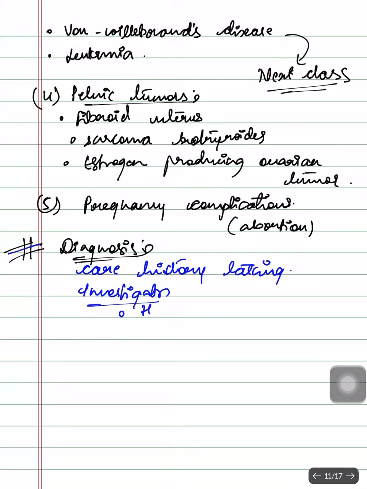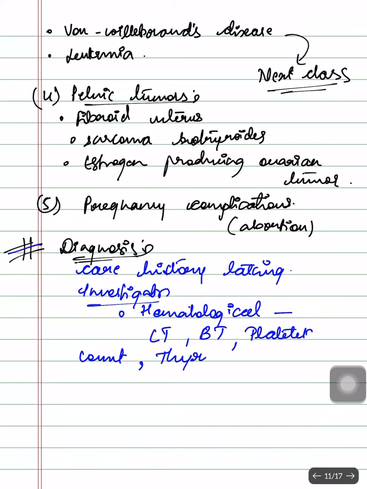In investigations, you have to do hematological examination, which includes bleeding time, BT, clotting time, CT, and platelet count. Also a thyroid profile, which includes TSH, the thyroid stimulating hormone, T3 and T4.